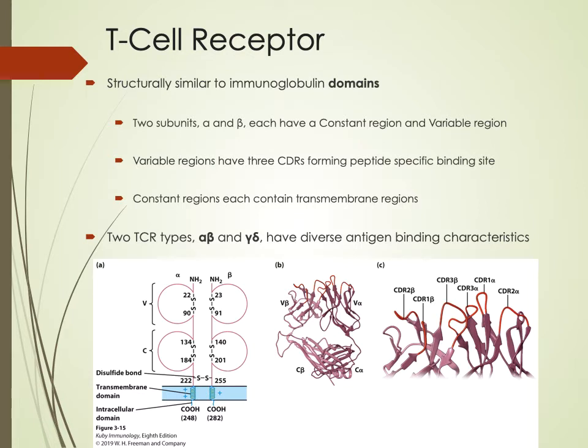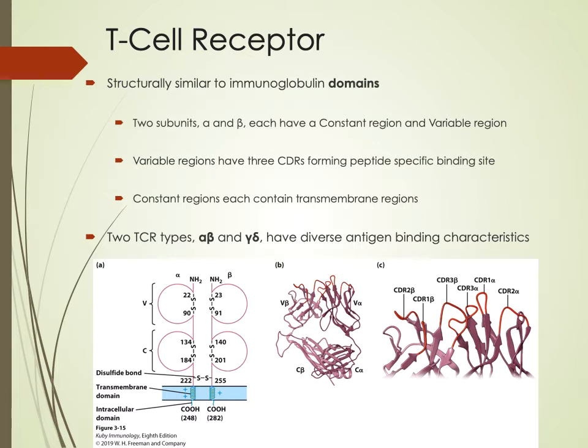The constant region contains the transmembrane region. For the variable region, there are three CDRs that will end up forming the peptide-specific binding site. If we change the amino acids where those CDRs are, it would affect which peptide, which antigen, it would be able to bind.